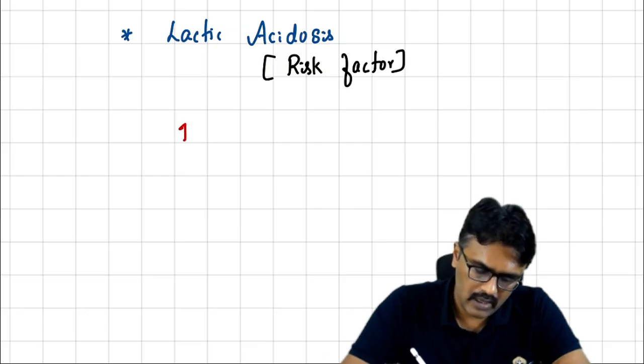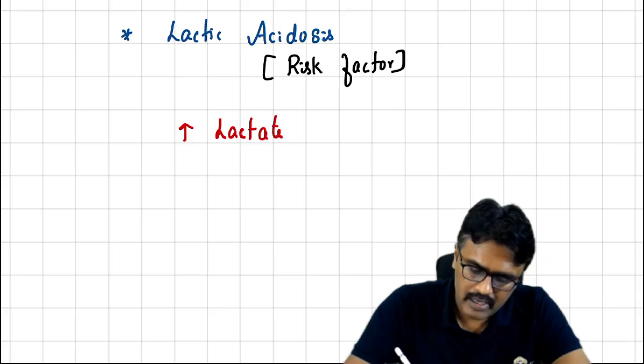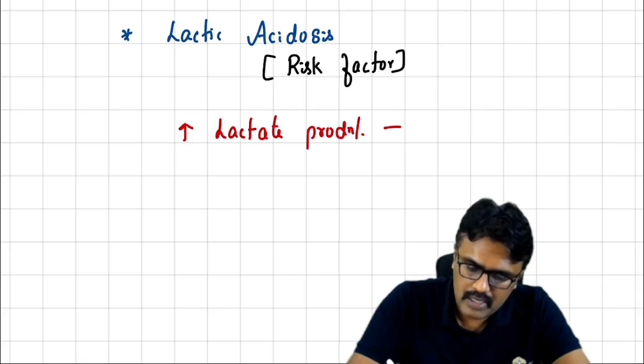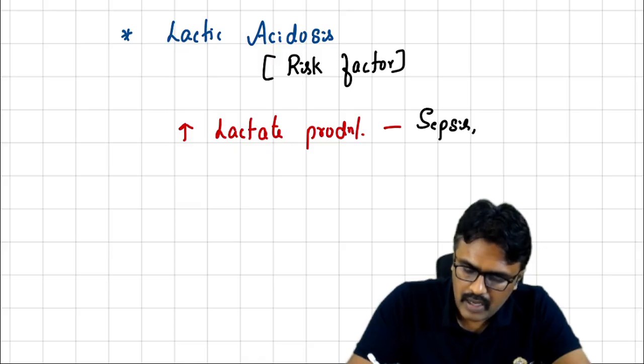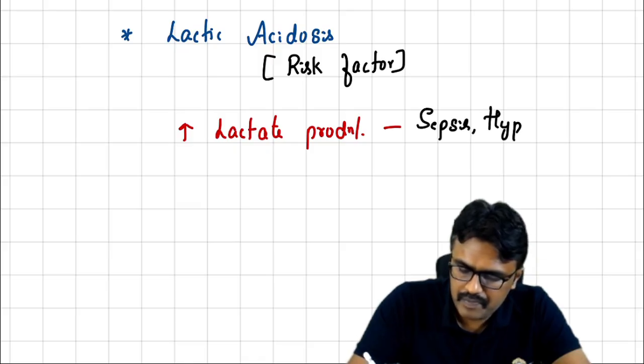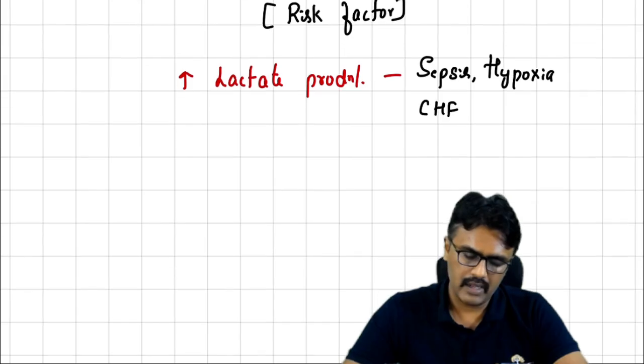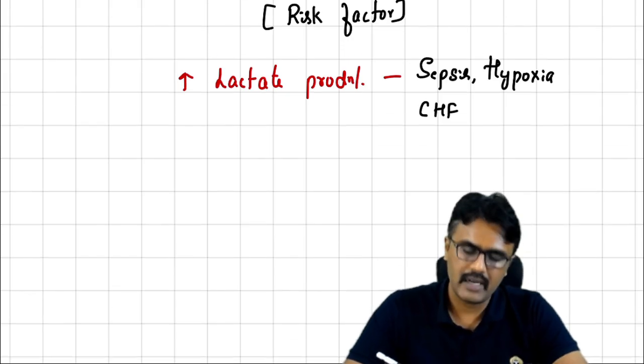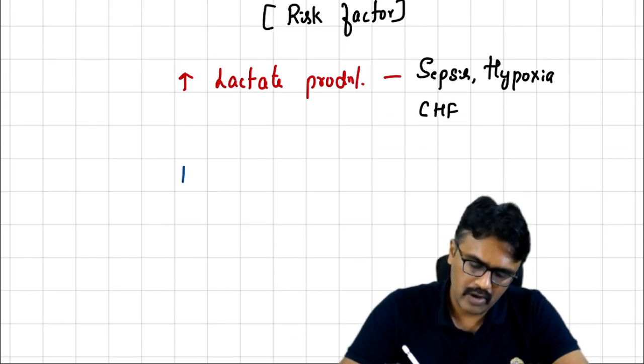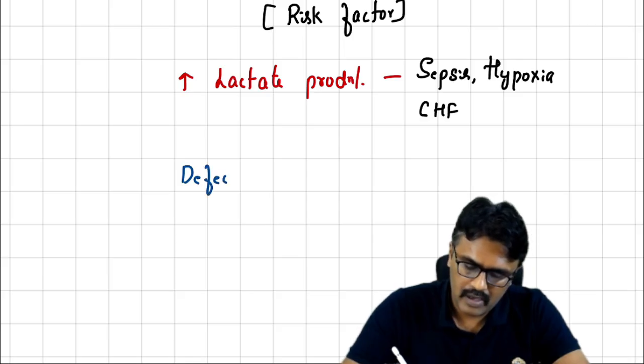Increased lactate production is seen in conditions such as sepsis, hypoxia, and CHF. Another condition is when the lactate may not be removed properly, that is defective lactate removal.